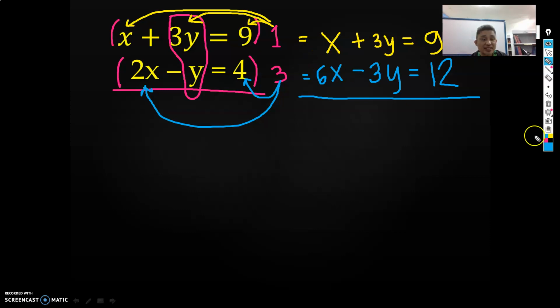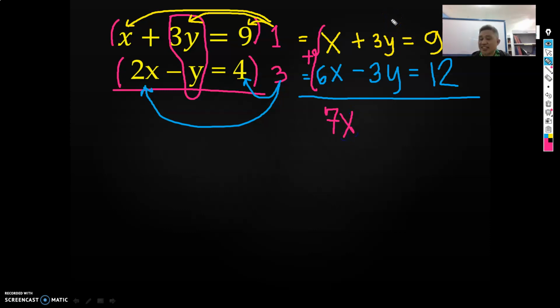So ang gagawin lang natin is i-add natin yung dalawang equation. Bakit natin i-add? Because positive tong isa, negative yung isa, then pareha siya ng variable. Okay, so let us add. X plus 6x is 7x.